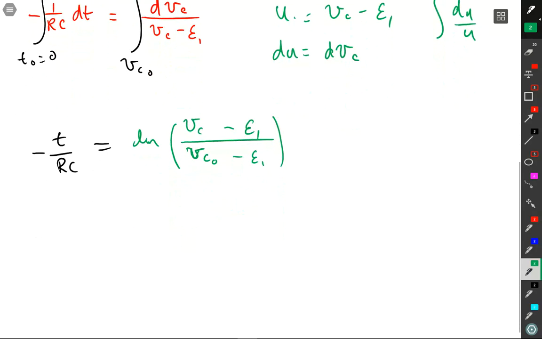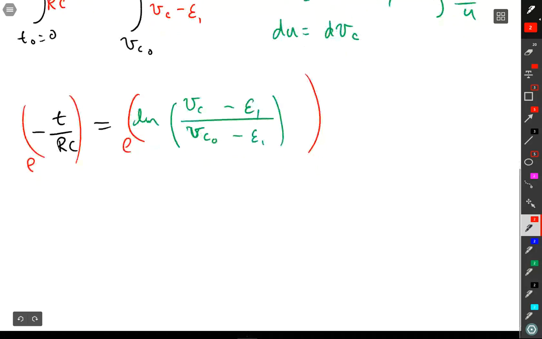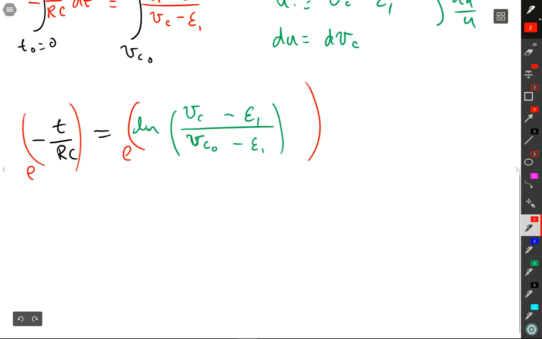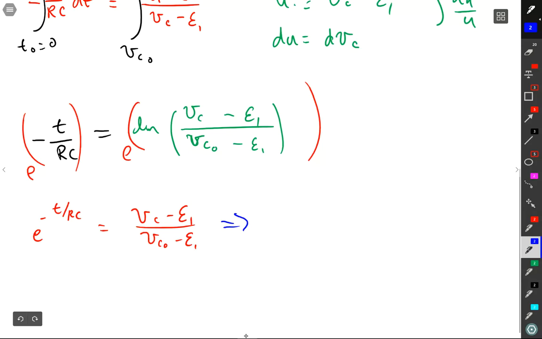And then solving this for VC, I have to do the inverse function of natural log, which is exponential. So e to the natural log of this stuff is just going to be the stuff. So to solve that for VC, I have to multiply both sides by the thing that's in the denominator here.